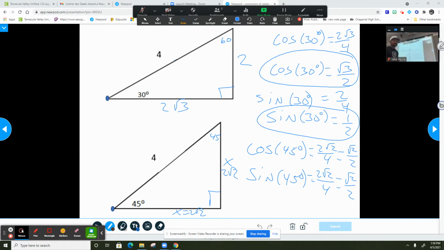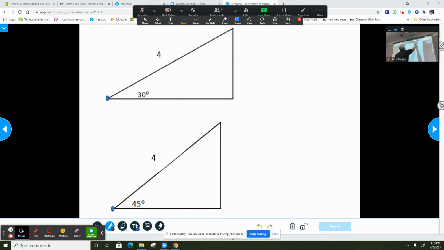All right. Coming back up to this first one, I could do 60 degrees as well. Let me clear my work here. All right, so that was 2, that was 2 rad 3. So if I do cosine of 60 degrees, adjacent over hypotenuse, that's 2 over 4, which is just 1/2.